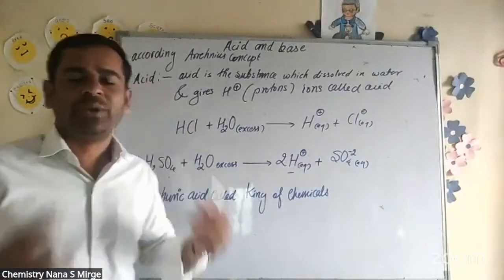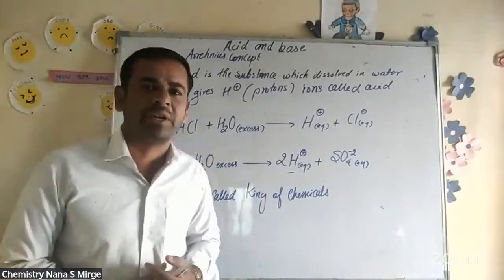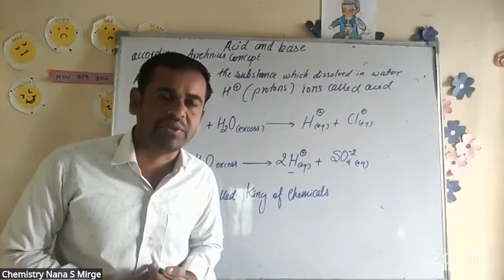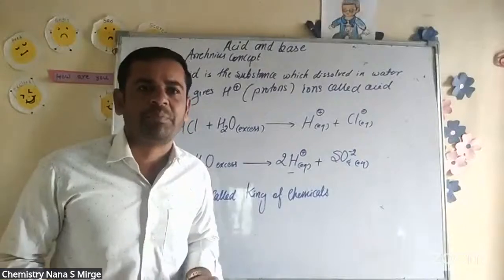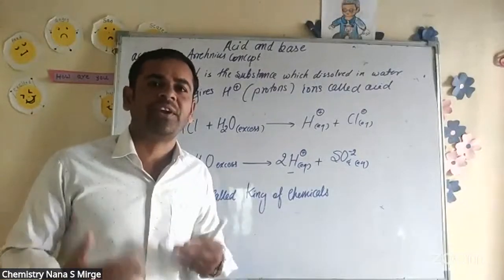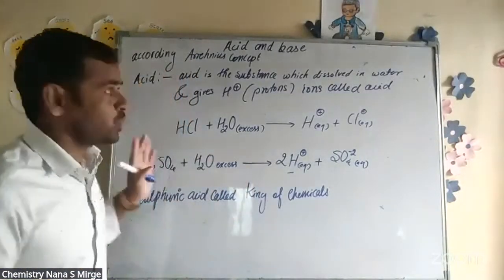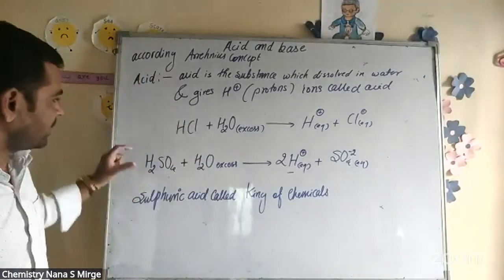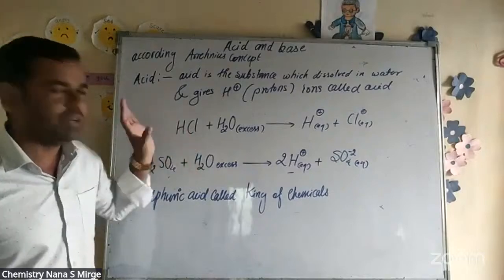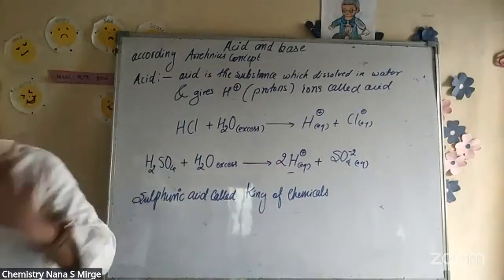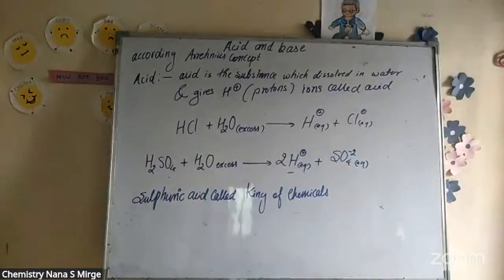Sulfuric acid is very useful for preparation purposes, for making different chemicals. So acid is very important for us. When sulfuric acid is dissolved in water, it gives H plus ion, and is called acid. A very simple definition.